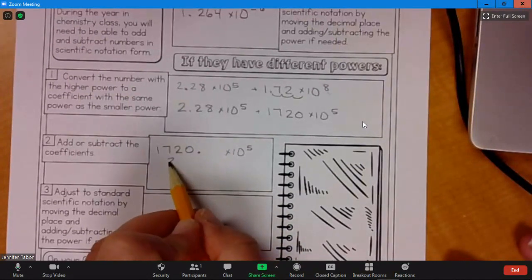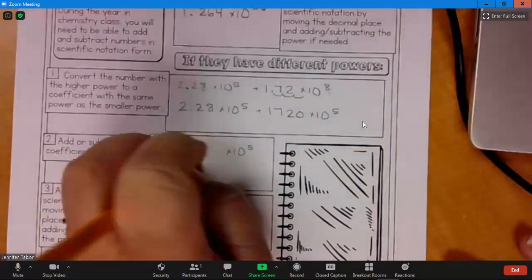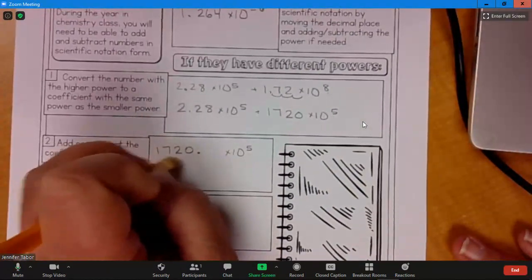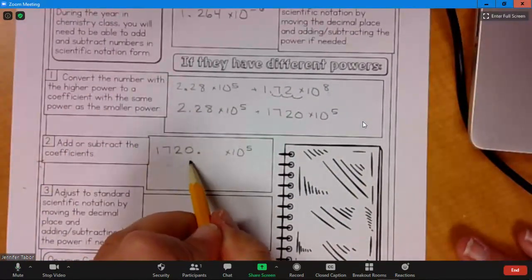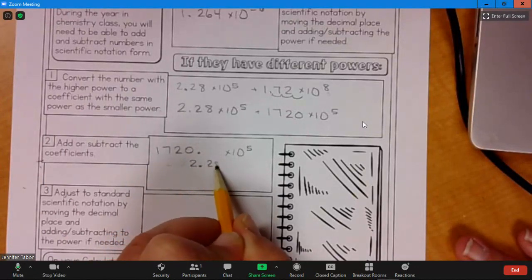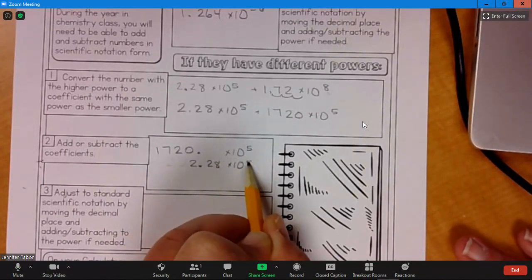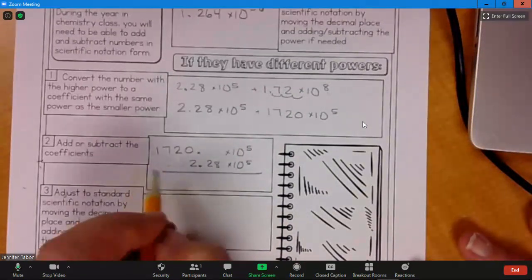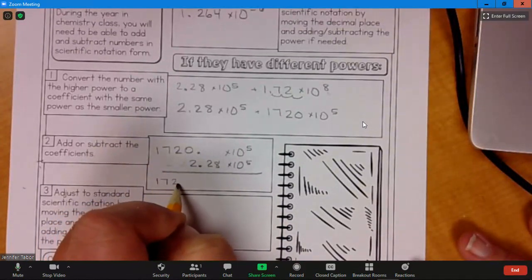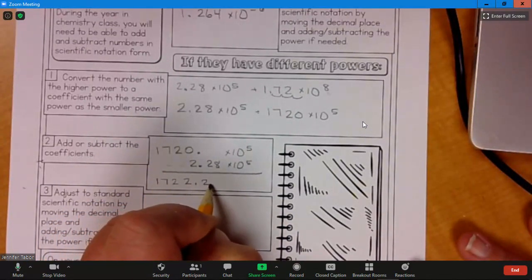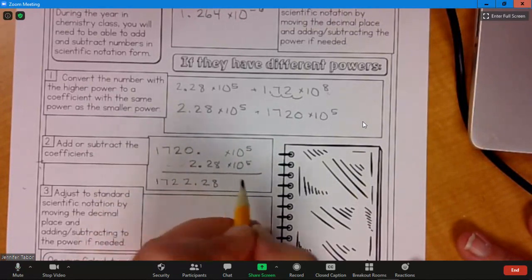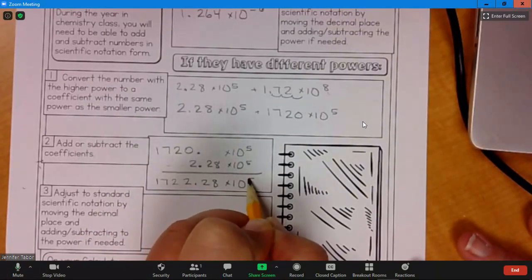And then 2.28 times 10 to the 5th. I got to line up my decimals, sorry, that's basic third grade math. And then we just add: 1722.28 times 10 to the 5th.